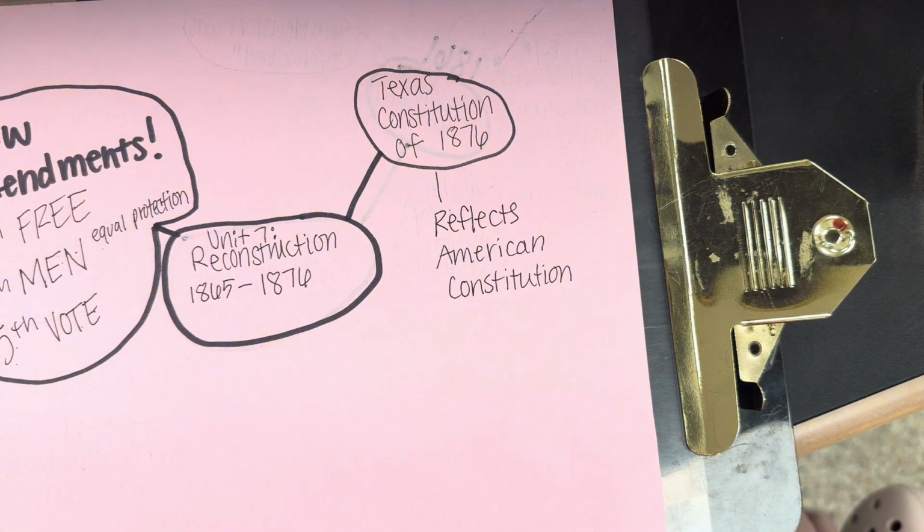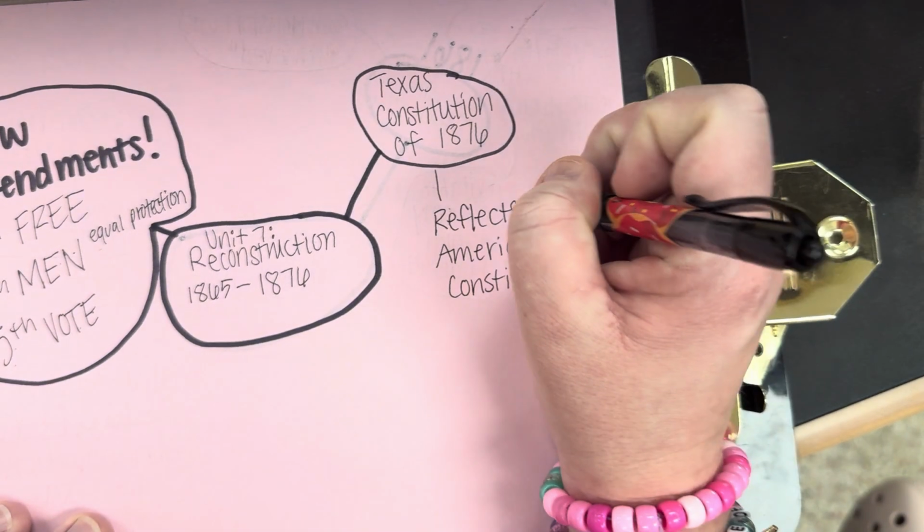The Texas Constitution also has a preamble and articles, and it has 3 branches of government, just like the American Constitution, and it has a lot of amendments, including amendments about individual rights.